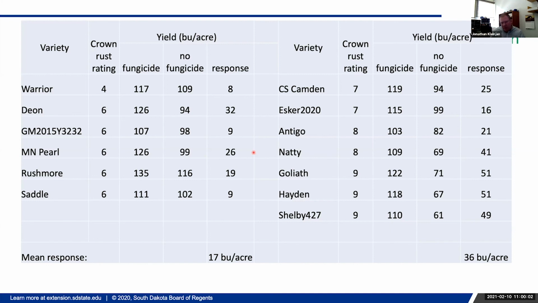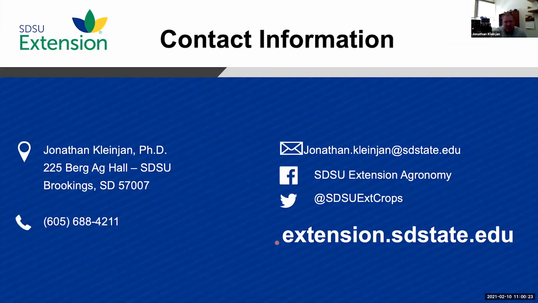We typically don't have a lot of pressure in Northeast Farm. That's kind of year to year, but Volga and Beersford, it seems like we get it every year. So we're going to try to do this for a couple of years and see if we get this kind of response again on the resistant varieties, and do some disease monitoring just to keep an eye on things. That is the end of my talk.